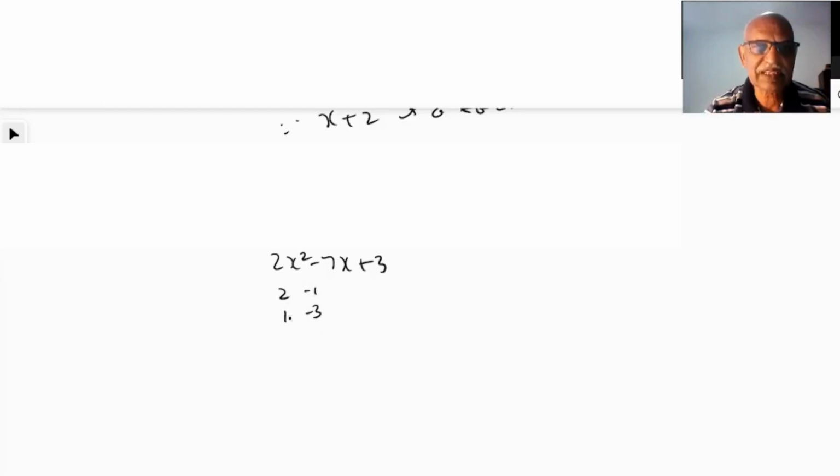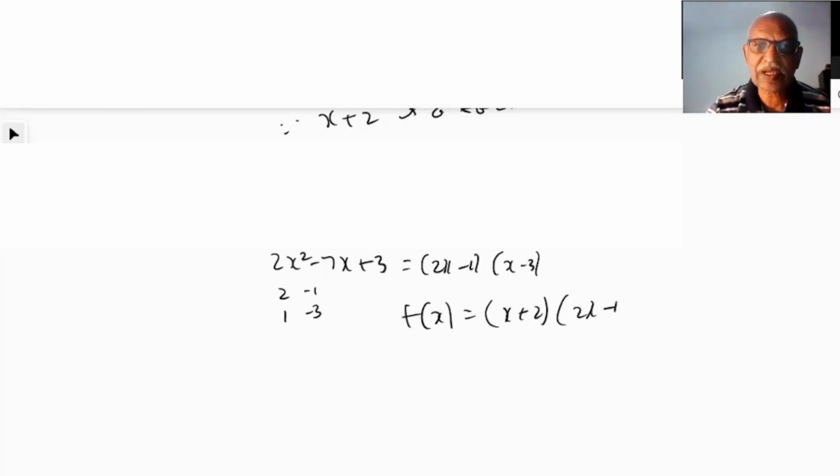Negative 6 plus negative 1 is negative 7. Therefore, this will be 2x minus 1, x minus 3. So the whole factors, starting from the first one we got, will be x plus 2, 2x minus 1, and x minus 3. And this is factored completely.